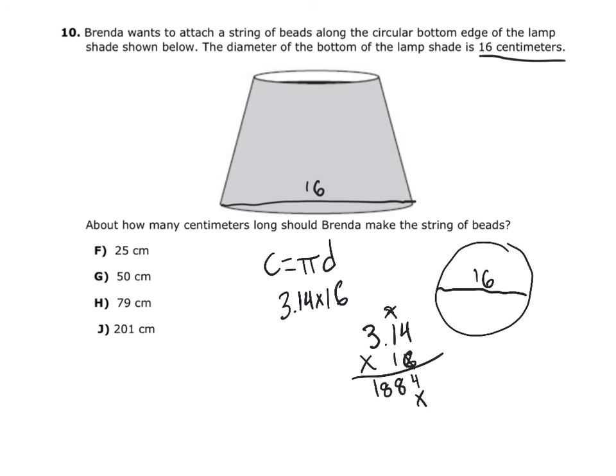Put an x for place value. 1 times 4 is 4, 1 times 1 is 1, and 1 times 3 is 3. We add it up, we get 4, it's 12, carry the 1, 9, 10, carry the 1, 4, 5. And there's 2 decimals, so we bring our decimal over 2. It says about. Since it says about, it can be the closest answer, which is G.